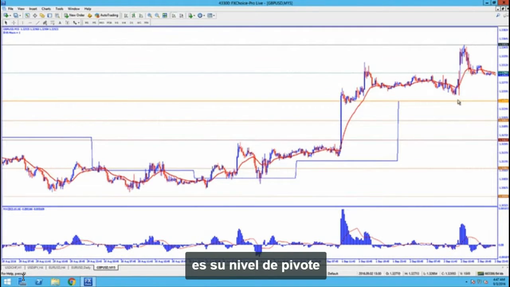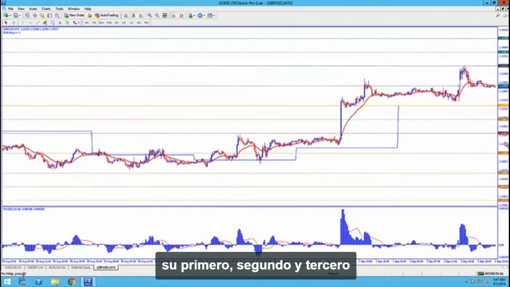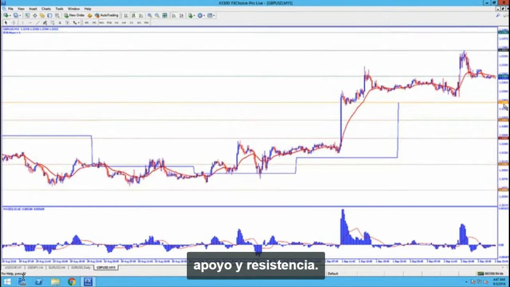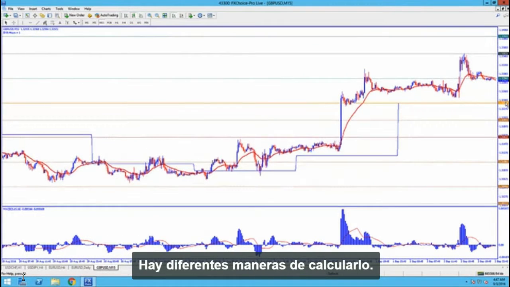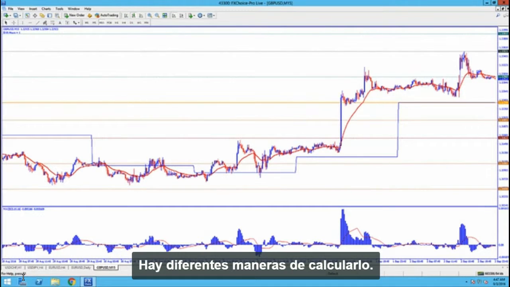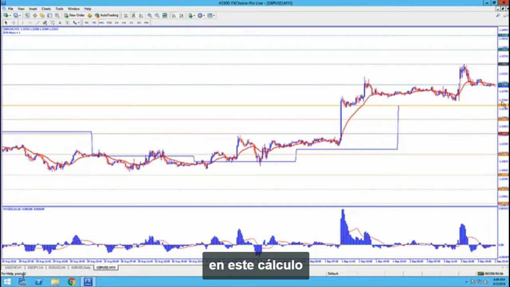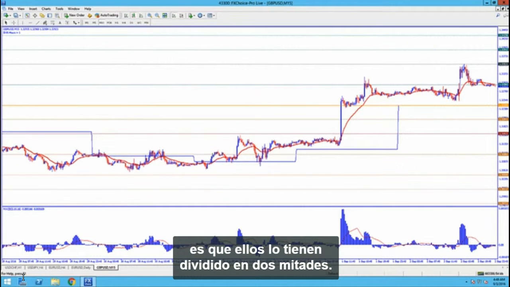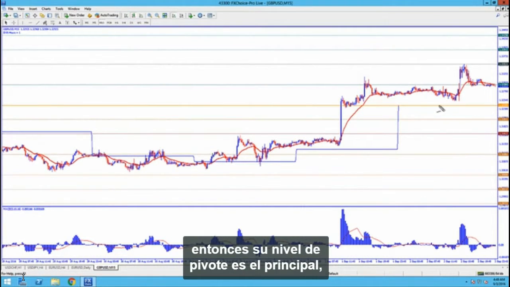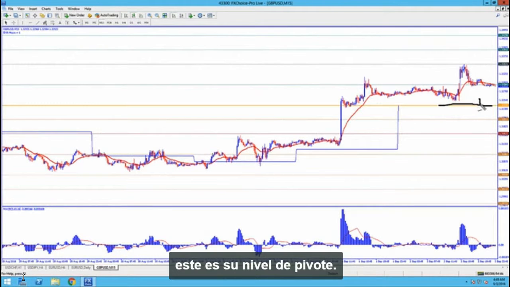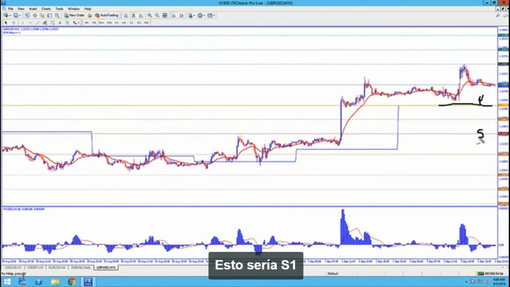What you have here is your pivot level and your levels in between your first, second and third support and resistance. There are other different ways to calculate it, and the way it looks here on this calculation is they have it broken down into halves. So your pivot level is the main one. This is your pivot level. This would be S1, S2, S3.